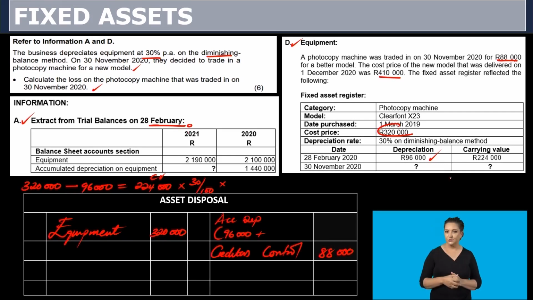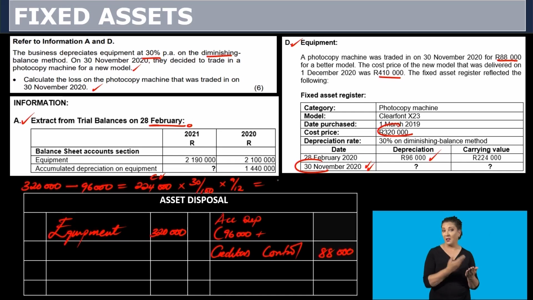So I'm going to say from March, April, May, June, July, August, September, October, November. Why did I stop on November? Because they told me here it was disposed on 30 November. Okay, so I'm going to come here. How many months do I have there? I have 9 months. Multiply by 9 over 12.